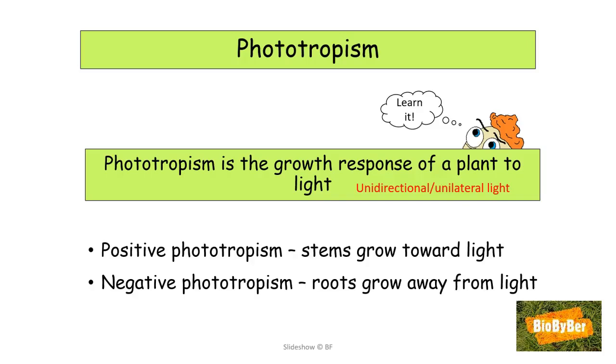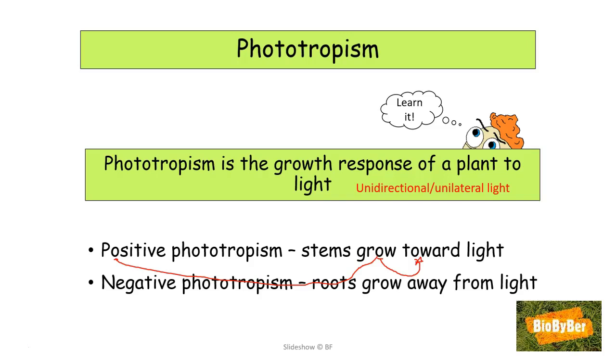A positive phototropism is where the growth is towards the stimulus. Remember, O in positive, O in grow, and O in towards. So a positive phototropism involves growth towards the stimulus. Here, a positive phototropism involves stems growing towards light.